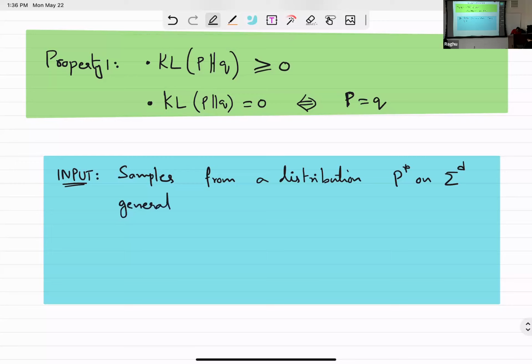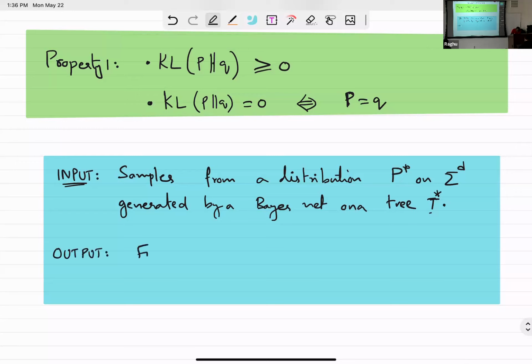Generated by a Bayes net on a tree T star. Okay, so I'm getting samples from some distribution P star, the unknown true distribution, and it has a Bayes net which has a true tree T star. Okay. And what is our goal?